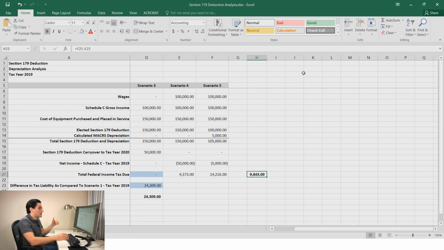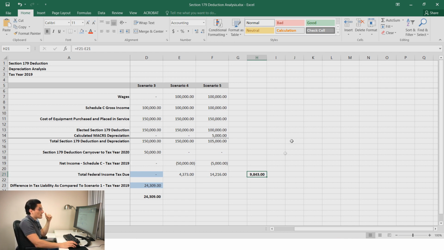But at the same time, we also have to consider that there's more depreciation that will be available in future tax years to offset against self-employment income, because whatever you don't take in Section 179, you can deduct later using MACRS and so forth. So there is still the ability to use that depreciation over time if you have a business justification to do so and if it makes sense for you. But it's important to take into account that taking as much Section 179 in a particular year may not be the most advantageous way to go in every situation.